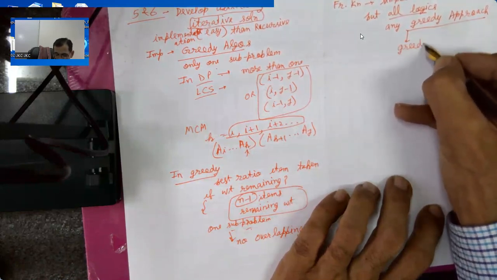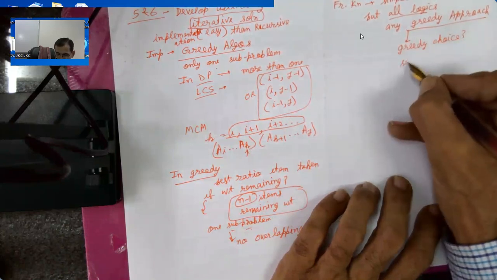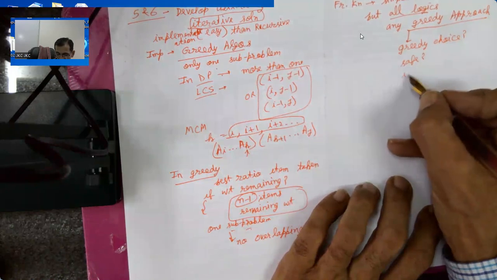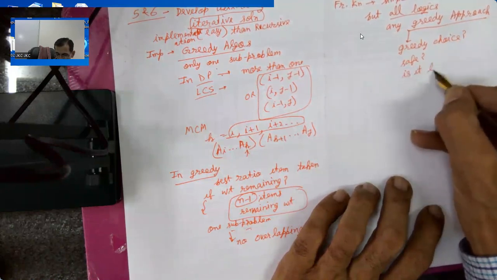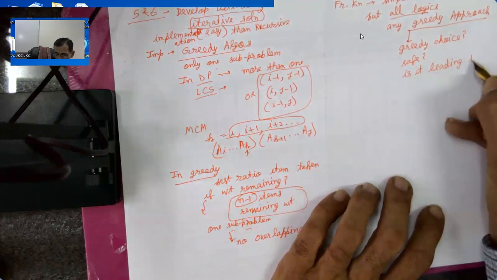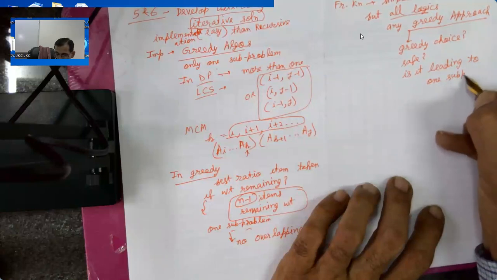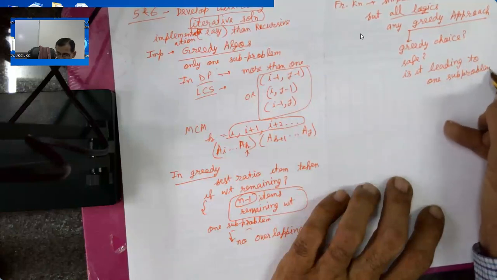How will you make a greedy choice? Is it safe or not? Is it leading to one subproblem? Whether you make it recursive or iterative doesn't matter, but is it leading to only one subproblem? If yes, probably everything is perfect.